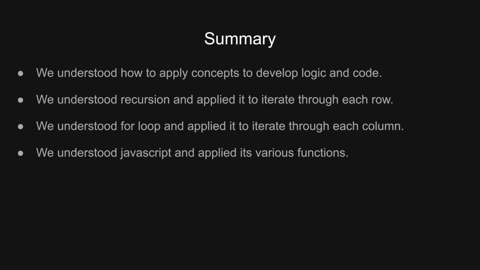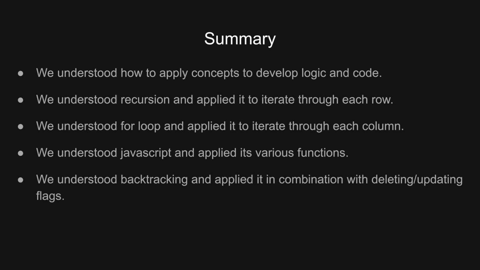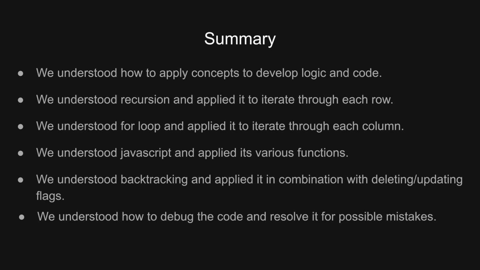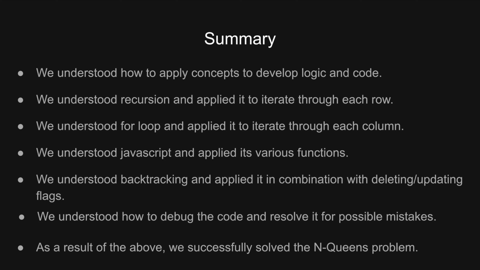We understood JavaScript and applied its various functions for the objects and arrays. Also for the flags. We understood backtracking and applied it in combination with deleting and updating the flags. We understood how to debug the code and resolve possible mistakes in the code. And as a cumulative result of all of the above, we successfully solved the n-queens problem.